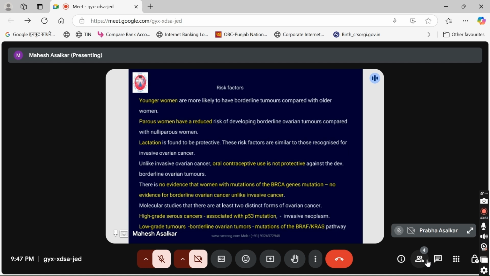For high grade serous tumors it is a P53 mutation, and for low grade or borderline tumor you have mutations of the BRAF and KRAS pathway.